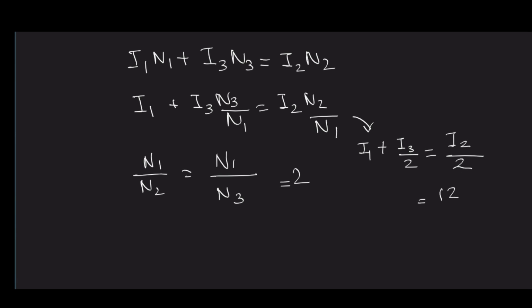So we got the scheme like here: I1 plus I3 by 2 is equal to 12, right? Now let us draw the schematic.